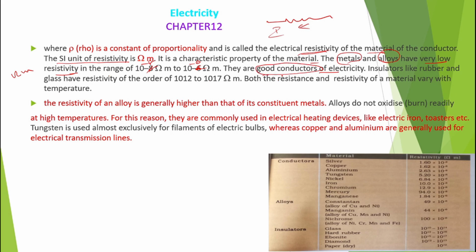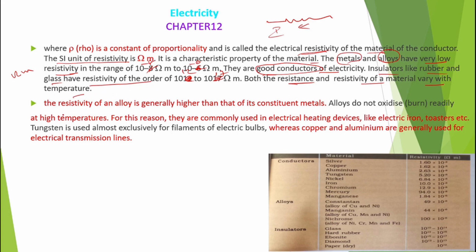This they may ask in the examination. Insulators like rubber and glass have resistivity of the order of 10 to the power of 12 to 10 to the power of 17 ohm meter. Both resistance and resistivity of the material vary with temperature. So it depends on temperature also.